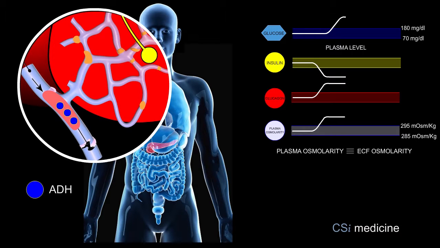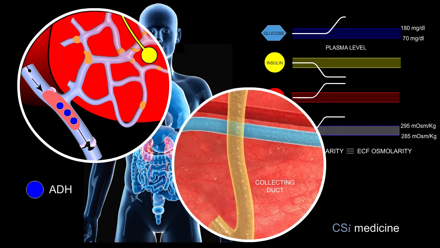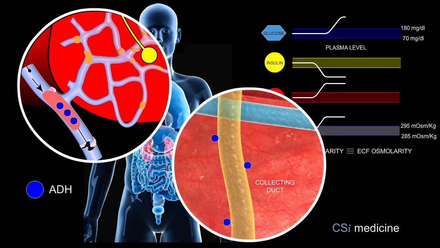The ADH released into the systemic circulation acts on the kidney. ADH promotes the insertion of aquaporins into the collecting duct epithelium.